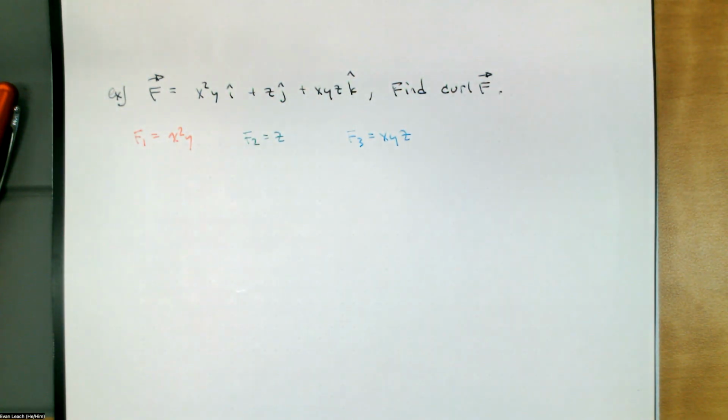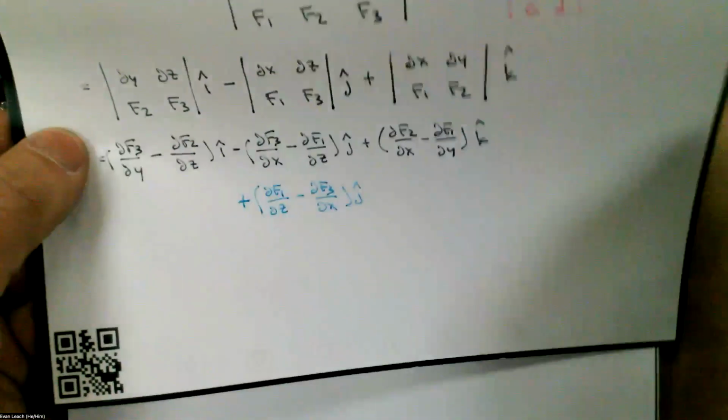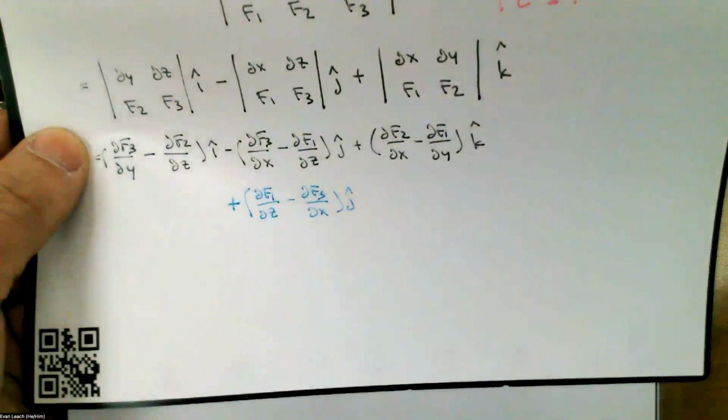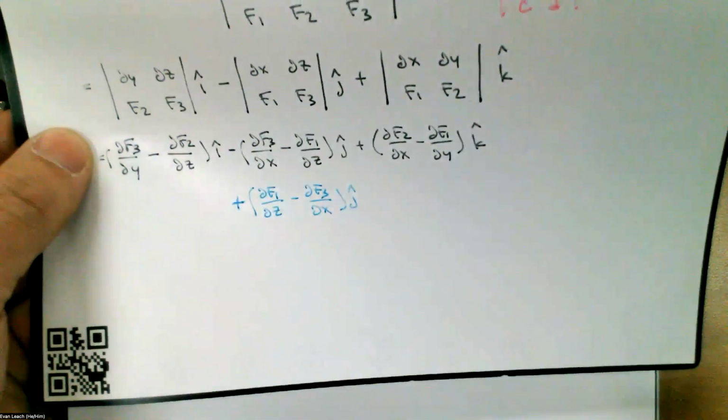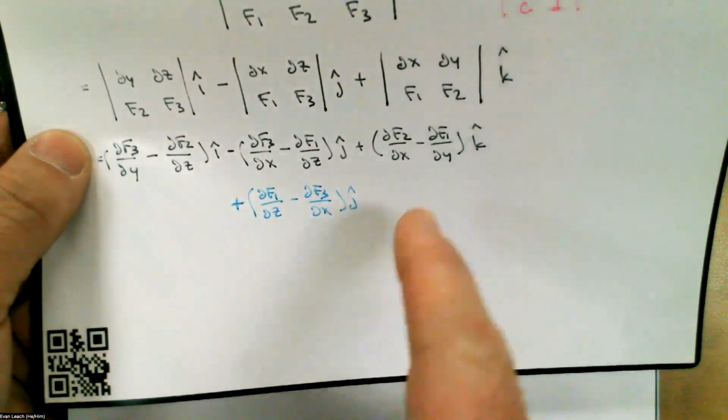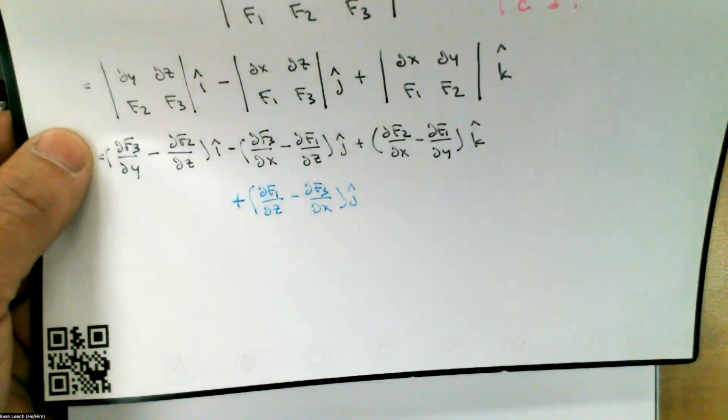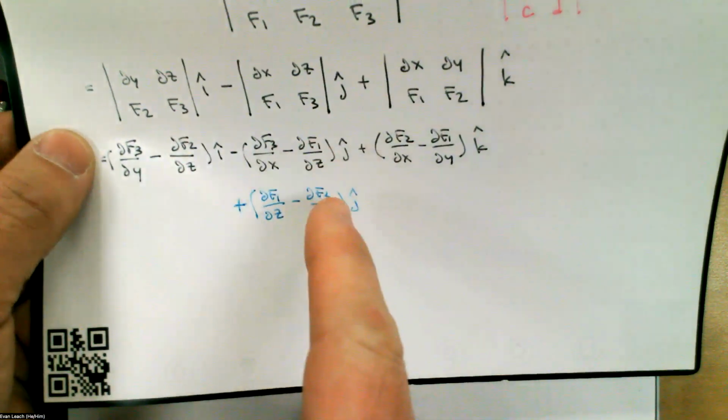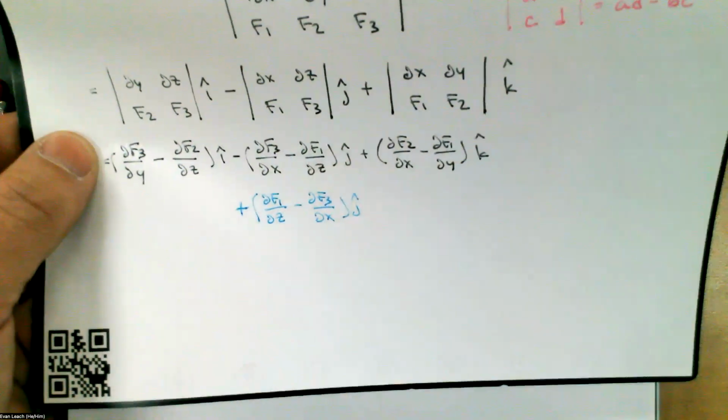We know we need partial derivatives of each of these three components. We need two of the partial derivatives, not all three. And let's remind ourselves of which ones we need. F3 with respect to y and F3 with respect to x. F2 with respect to z and F2 with respect to x. F1 with respect to z and F1 with respect to y.